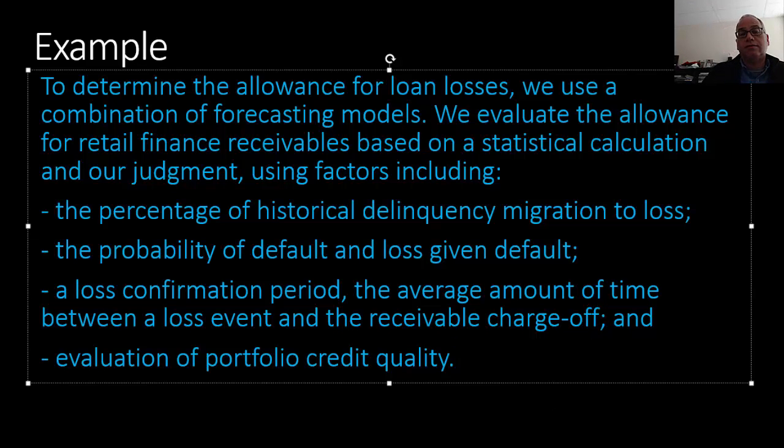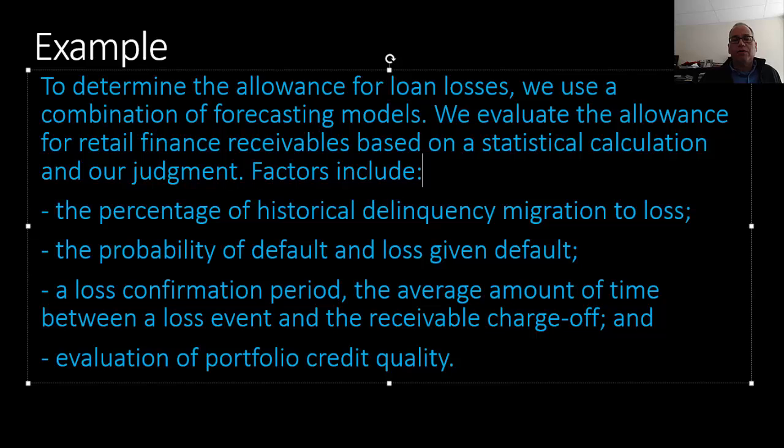And there you go. To determine the allowance for loan losses, we use a combination of forecasting models. We evaluate the allowance for retail finance receivables based on a statistical calculation and our judgment, using factors including, period, factors include. See, even when you see a situation where you could cut out a word, you can do that, and now it's a little clearer.